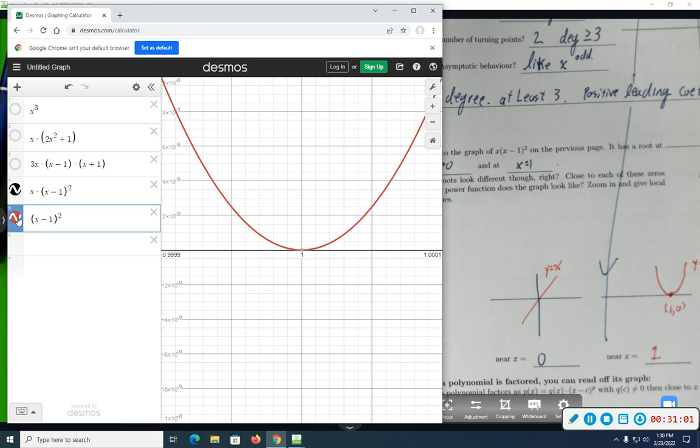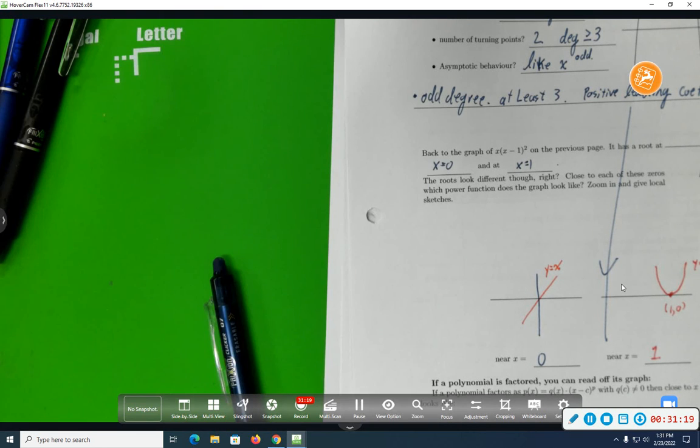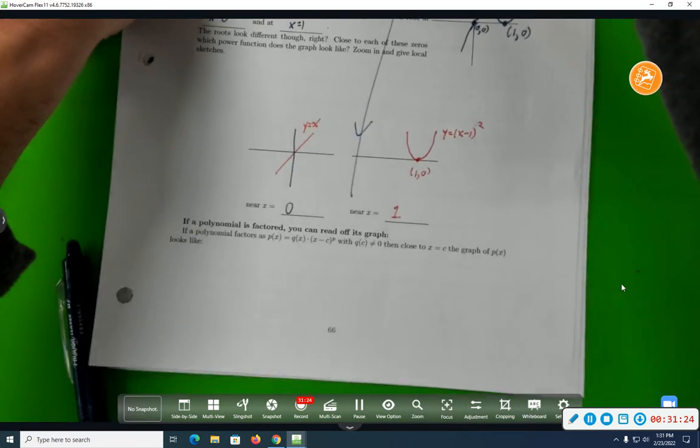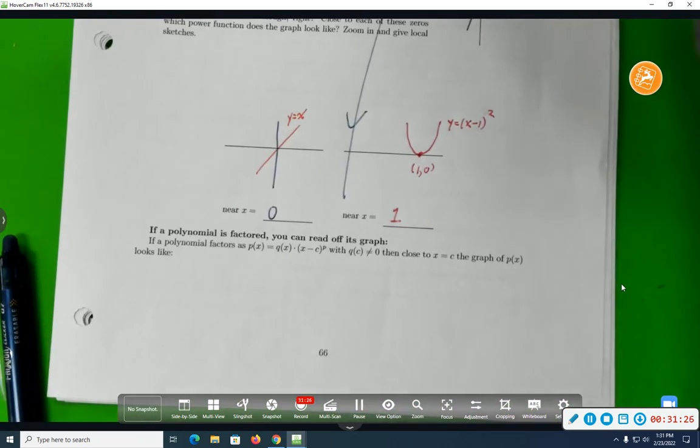And this is the segue into the third thing that I want to say in this particular notepad about behaviors of polynomials. You can read off behaviors near the roots by just studying what types of roots they have, by the following rule. So, if a polynomial is factored, you can read off the graph.